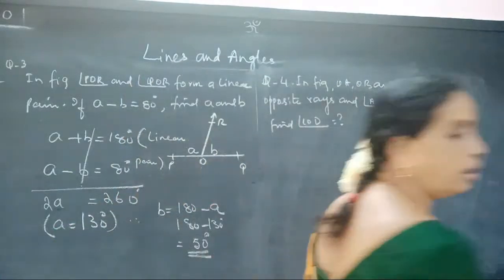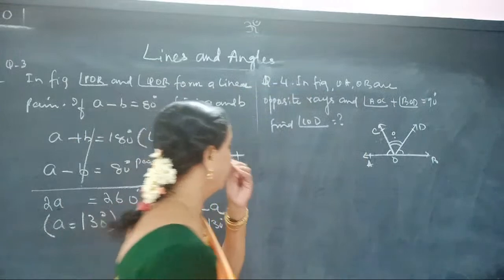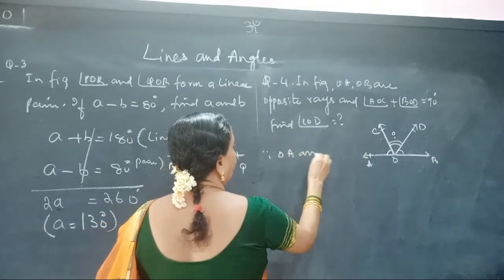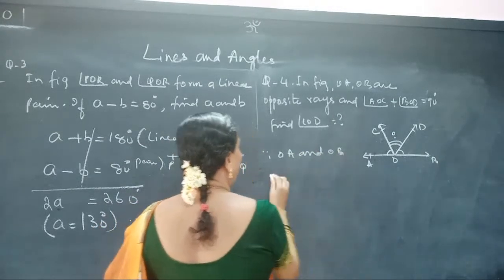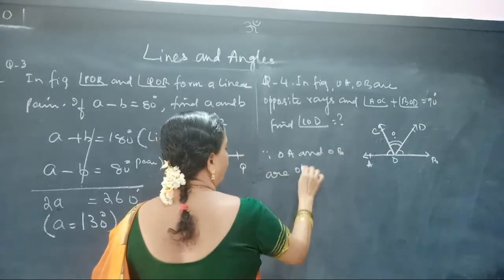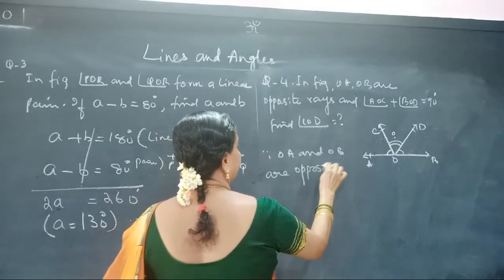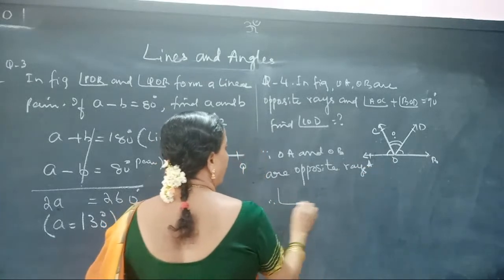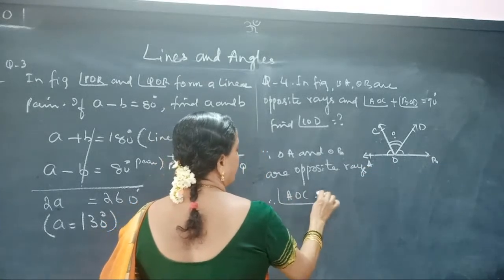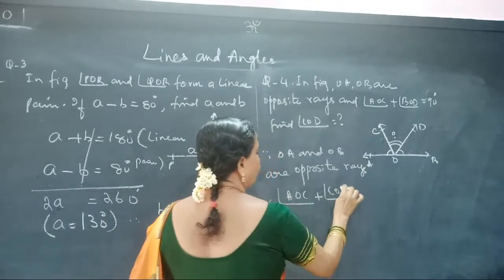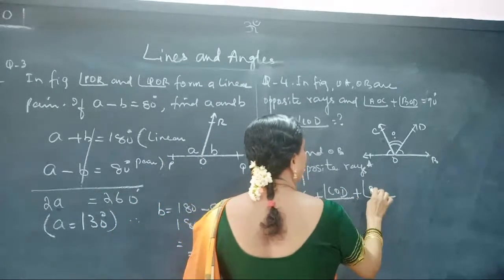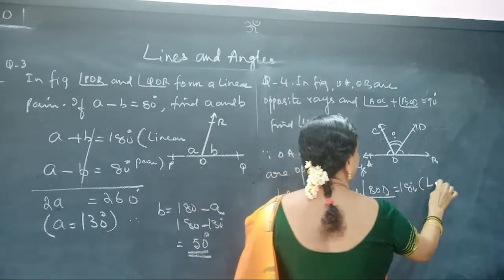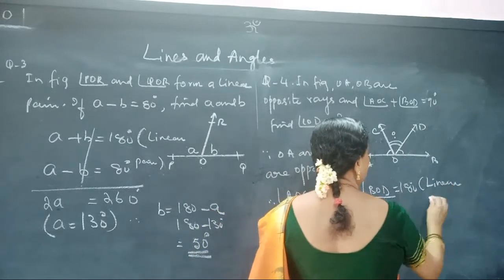So take the figure. Below the figure you write, since OA and OB are opposite rays, therefore angle AOC plus angle COD plus angle BOD equals 180 degrees, linear pair angles.